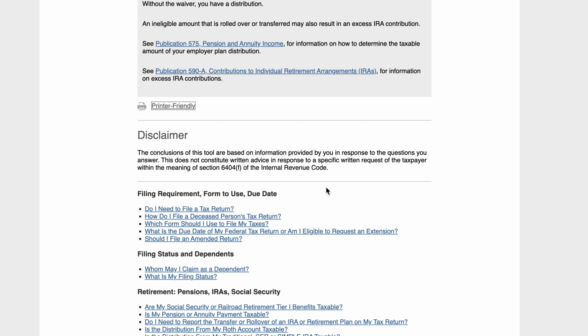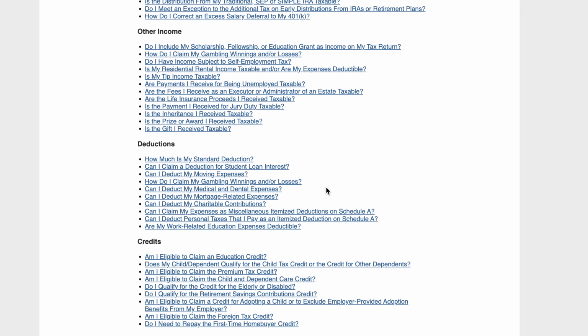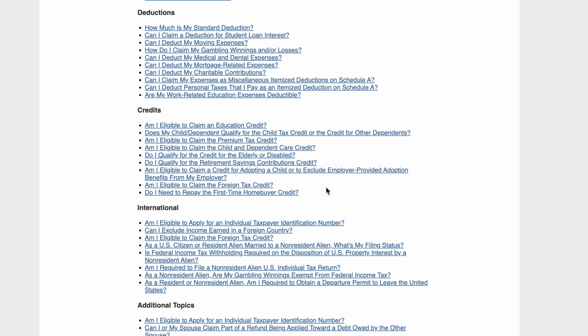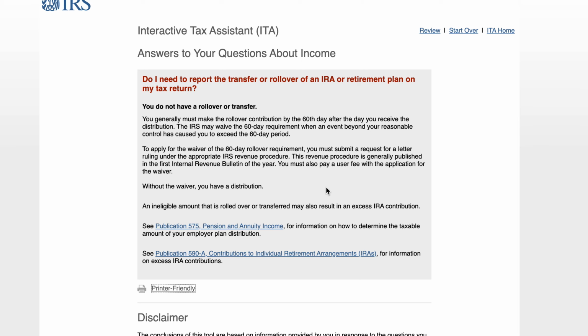And the other thing about this is that this page has links to all the other ITA tools that the IRS has to offer, and they don't always do that. But this is refreshing because the Interactive Tax Assistant has a lot of tools that you can use to help navigate your particular tax situation.